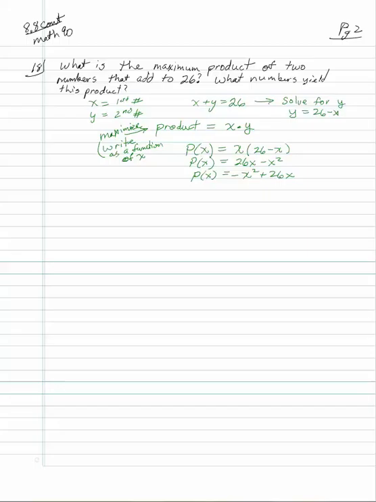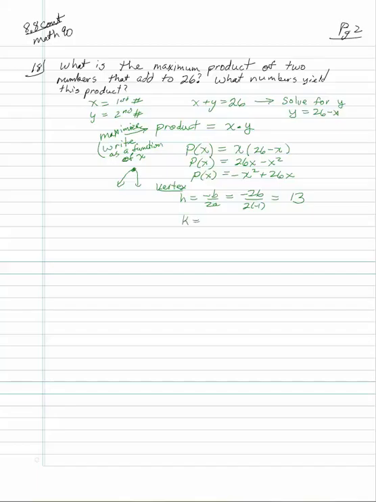Again, for the maximum product, this is a parabola that opens down, so we're going to get a maximum at the vertex. h is going to be equal to minus b over 2a, which is negative 26 over 2 times negative 1, which is 13.